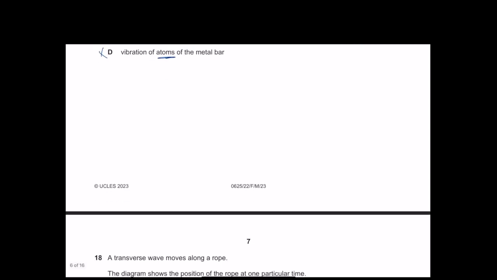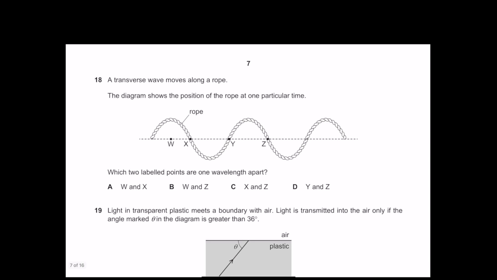That was 17. In question 18, a transverse wave moves along a rod. The diagram shows the position of a rod at one particular time. Which two labeled points are one wavelength apart? I can understand that.